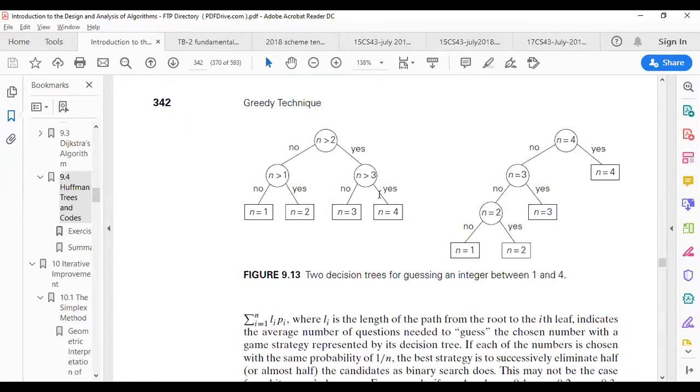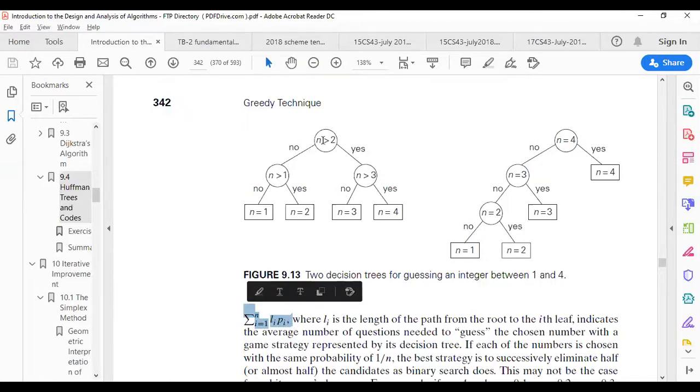Similarly, on the right hand side, I'm not going to give the explanation of this. It's quite understandable. So in this case, what we need to find out is the weighted path length. Weighted path length is given by the summation of Li into Pi.